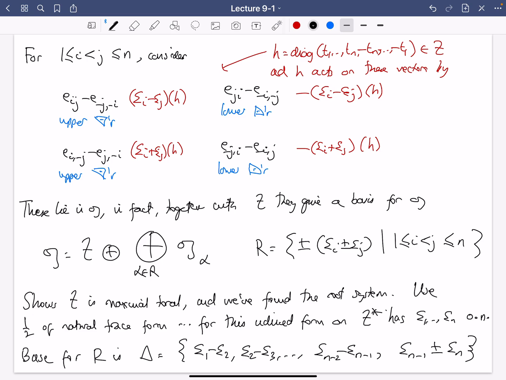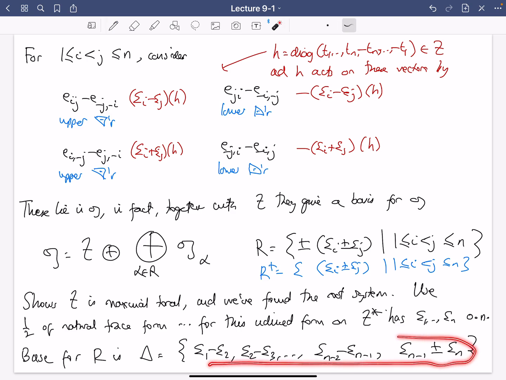And it's pretty easy to see that the positive roots will be just these guys with a plus out front, the upper triangular ones. And every positive root will be just some positive linear combination of the guys in this base. So that is indeed a base for the root system.